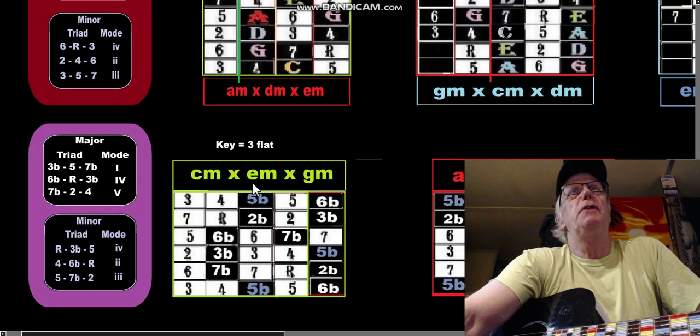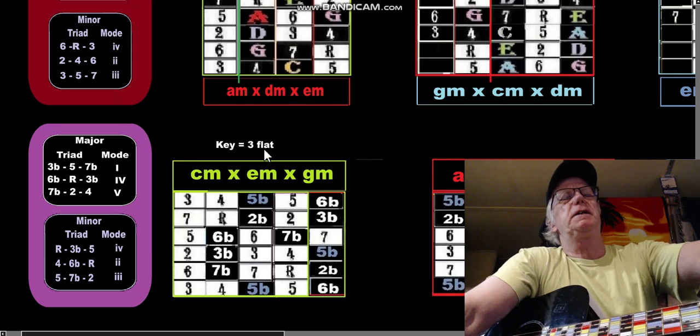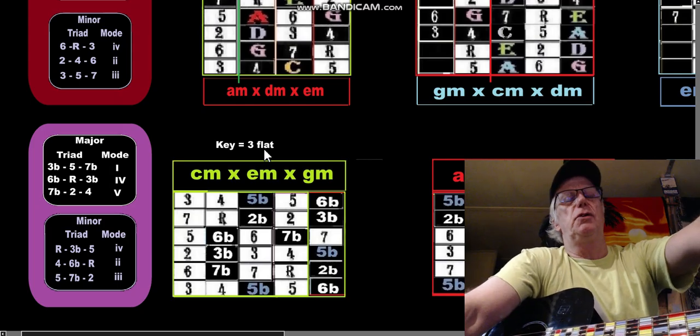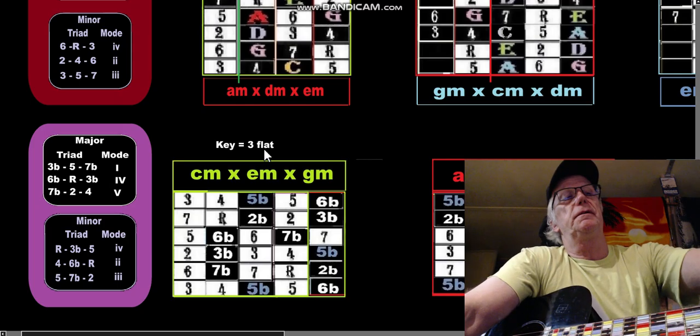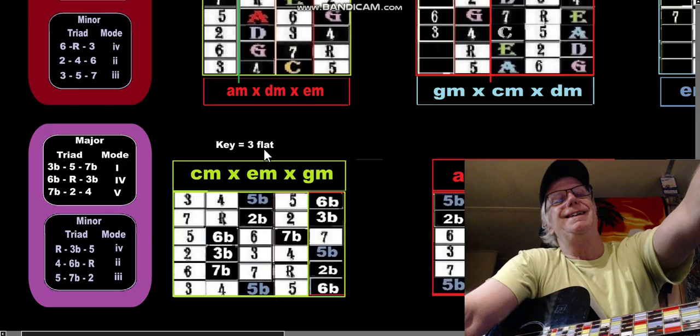So I want to focus just on the minors here, and we go over to the key of 3 flat. Because when you take a C and make it minor and call it Aeolian, you're actually in the key of E flat.